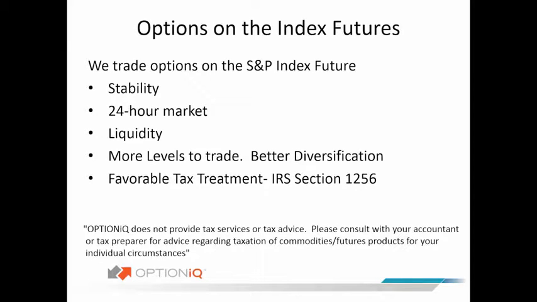Now again, as it says here at the bottom of the screen, Option IQ does not provide tax services or tax advice. So I will ask you to go and consult with an accountant or your tax preparer if you have any questions on this section. But again, that's another favorable piece as to why we're trading the way that we're trading.